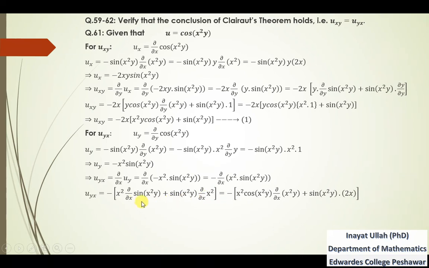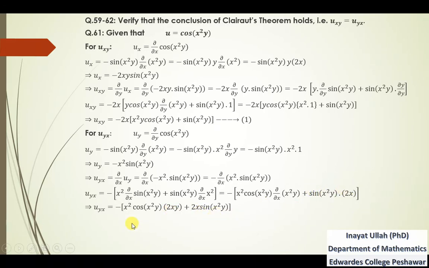The partial derivative of sin u with respect to x is cos u times the derivative of u, and the derivative of x²y, with y kept constant, is 2xy. That gives 2x sin(x²y).